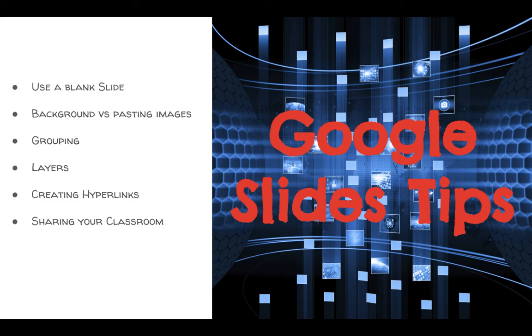We're going to look at copying and pasting images, inserting images, and then we're going to talk about putting images together and layering images, putting them in front of or behind each other, adding hyperlinks, and then finally how to share out your classroom.